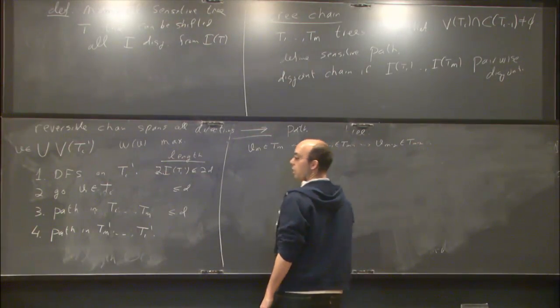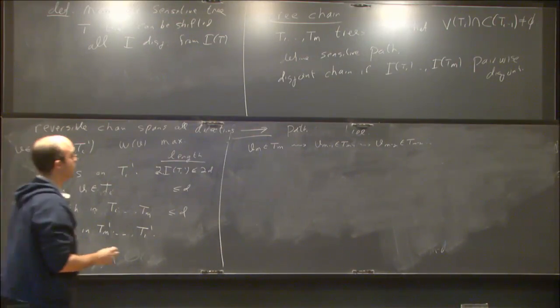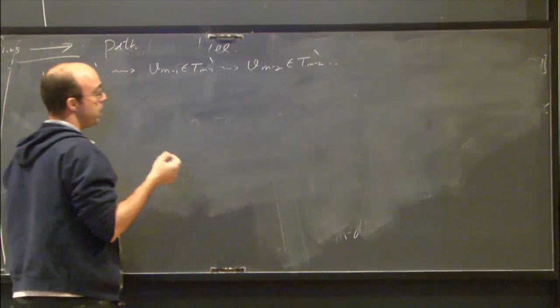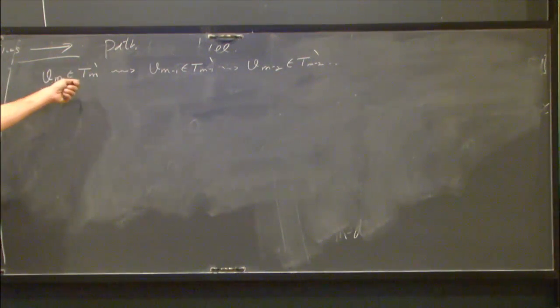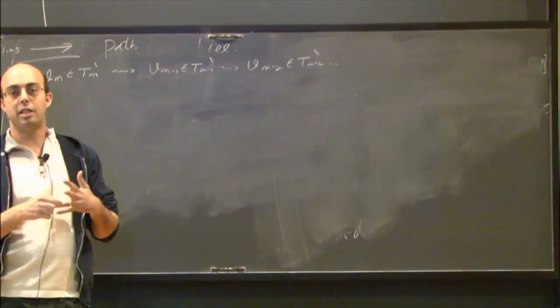I have it here, just to make sure I'm not making mistakes. It's a bit subtle. So somehow we pick some node in these trees, and we go from here to here to here. And let's see how many steps we are doing.